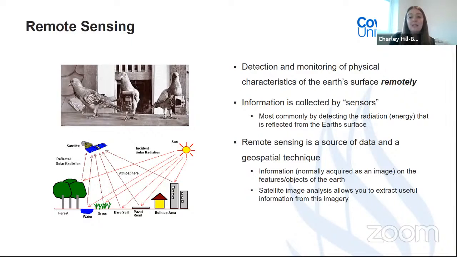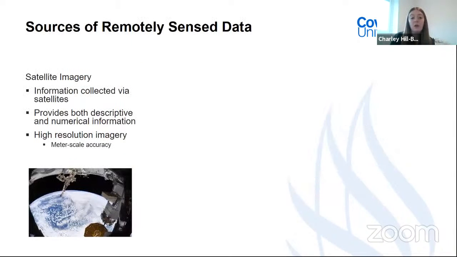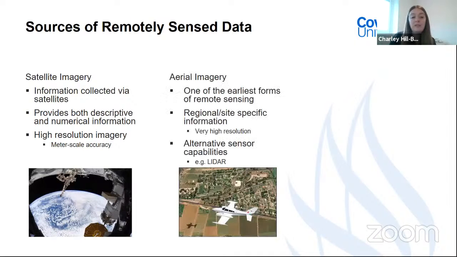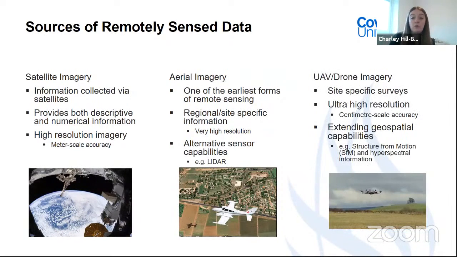So there are different ways that we can collect that data. We've got satellite imagery, sensors that are on board satellites that are orbiting our Earth. We've got aerial imagery, so planes traditionally is one of the most common forms of remote sensing. And more recently, we've had drones or UAV data or capabilities.